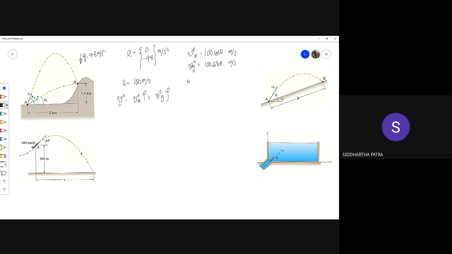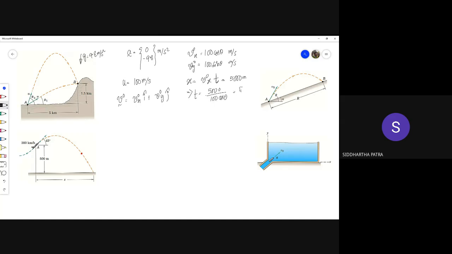So in the end, the x distance is v0x times t. And you do not know how much is that time t. But you know how much is the x, which is 5,000 meter. So from this actually you can get the expression for t, that would be 5,000 divided by 100 cos theta.